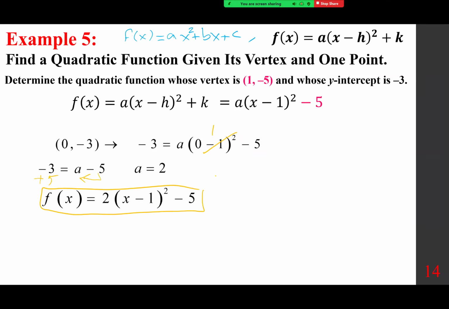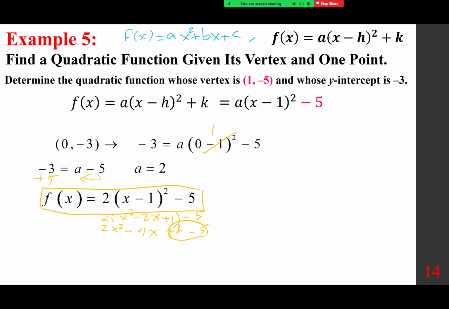Now we are practically done. I want you to know that if you want to expand this, you write 2 times x squared minus 2x plus 1, minus 5, and this becomes 2x squared minus 4x plus 2 minus 5.